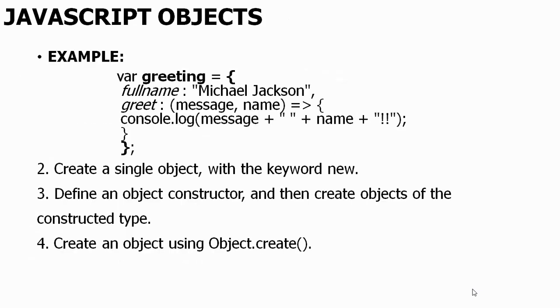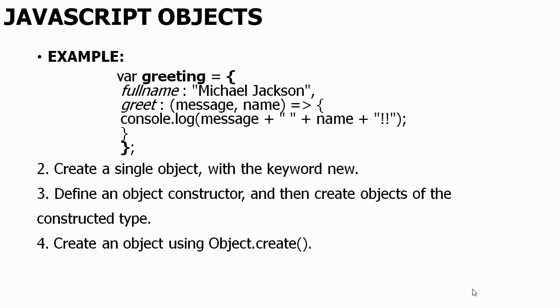For example, here greeting equal to open brace, full name, then greet message comma name arrow function, then open parenthesis console.log message plus name, whatever the syntax you have to provide, then close the brace.